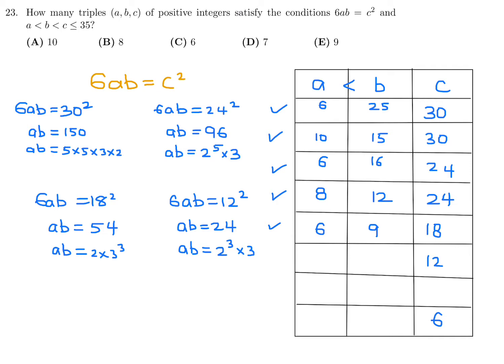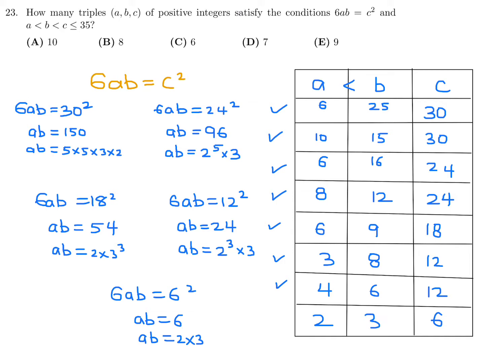And I think the only way to do this would be 8 and 3 and 6 and 4 for 12 being C. And then finally we've got 6AB is equal to 6 squared. So that means AB is equal to 6. AB is 2 times 3. And therefore the only way is 2 and 3 for A and B. So how many did I get? I got 8. And therefore number 23, the answer is B.